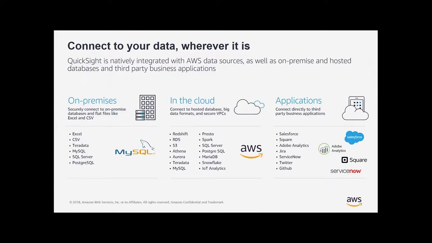One key point to cover here is that QuickSight has the ability to connect to data within your VPC. And this is something that's unique to QuickSight versus other BI products you might find out there. So we have a way to securely connect in a private manner to any sources within your VPC.